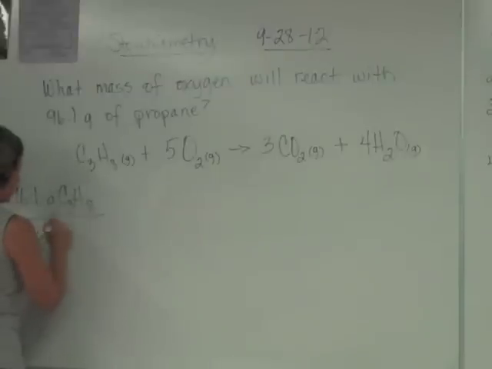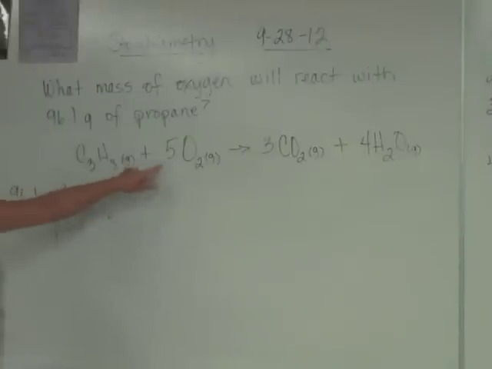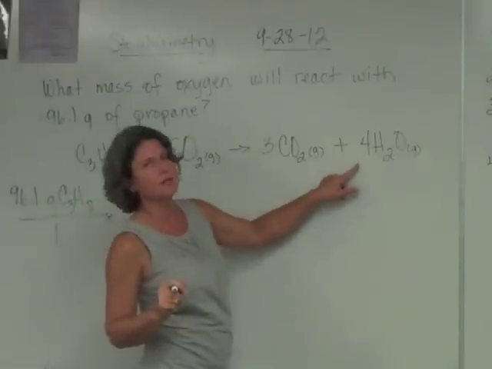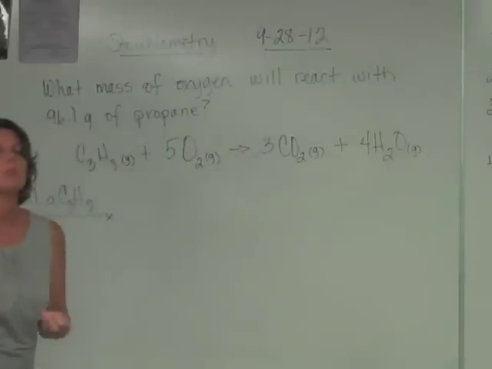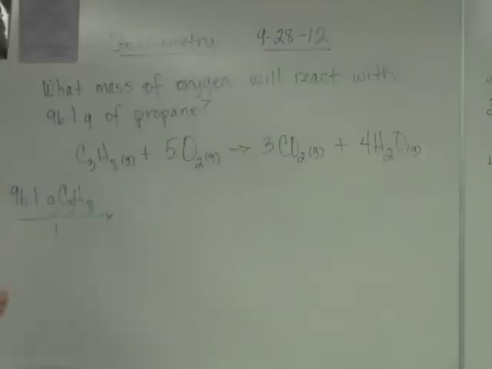And I'm going to put that over 1. All right, the next thing I need to do is convert grams of propane to moles of propane, because remember, these coefficients are not relating mass to one another. They are relating moles, numbers of things, with each other.